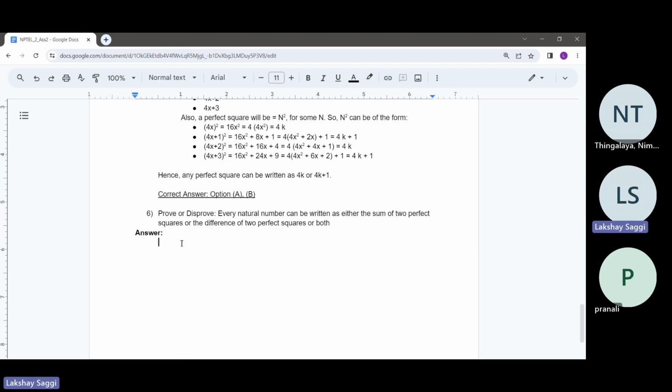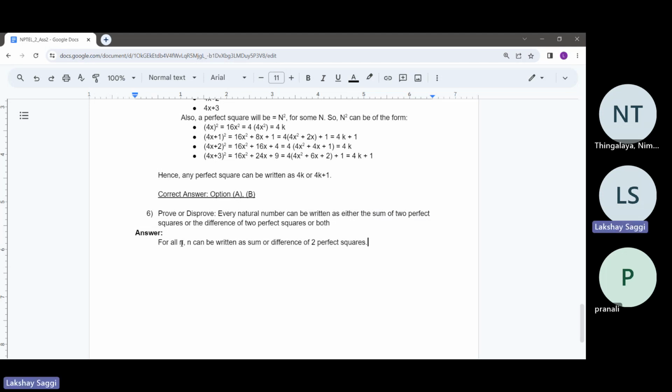So maybe a good way to prove this will be to consider, for all n, where n is a natural number, that n can be written as a sum or difference of two perfect squares, right?